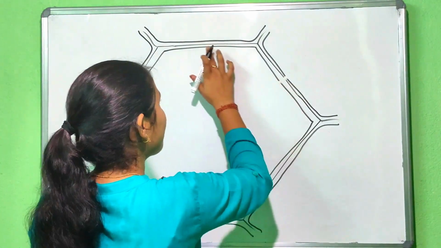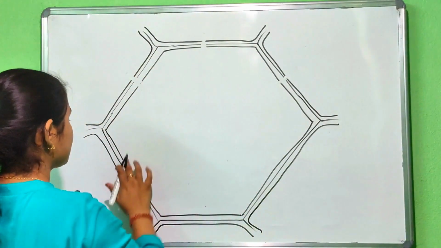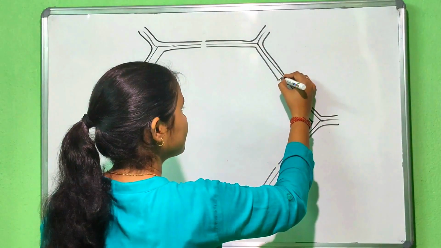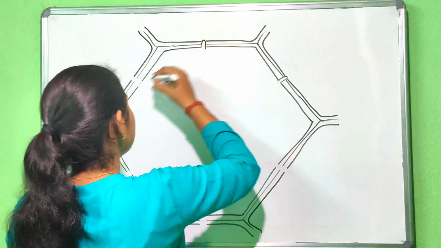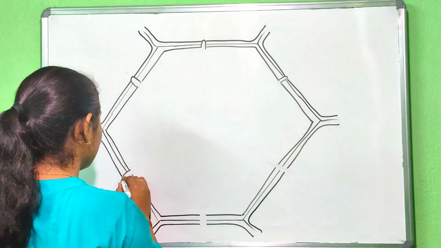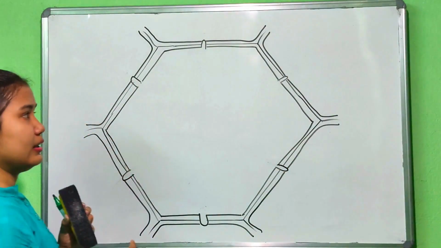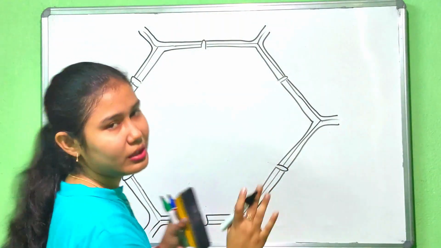Okay, so we will draw plasmodesmatic structures like this. These are the plasmodesmata. Clear? There are many plasmodesmata. I am drawing only one.